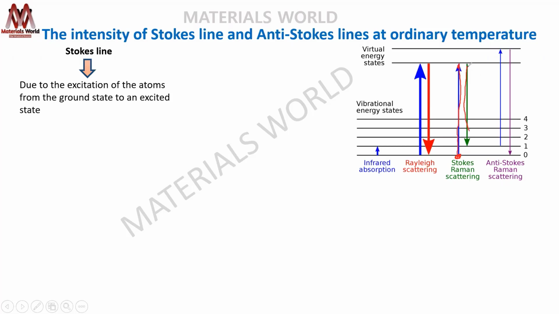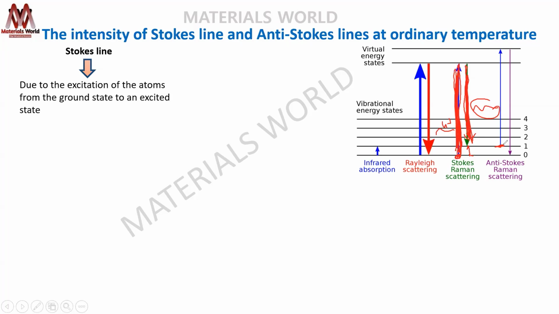Now when it is coming back, this gap is higher, so the energy is higher, because it jumped to this much height. This height is telling you about energy, and whenever it comes down, it will emit energy. Since the gap is lower, the energy is lower. Something is absorbed. So that is called Stokes.